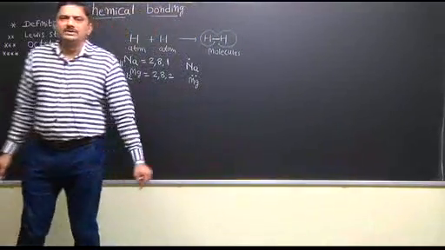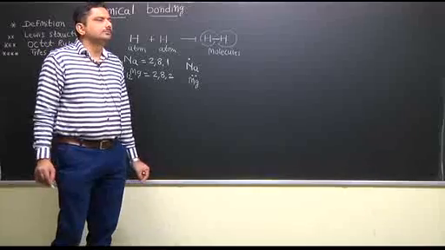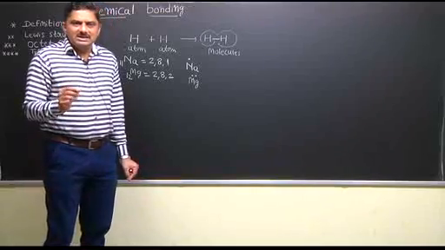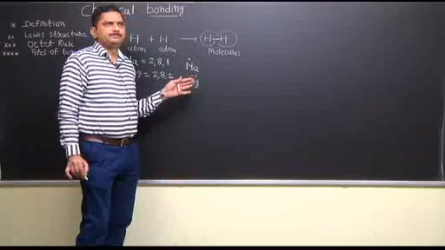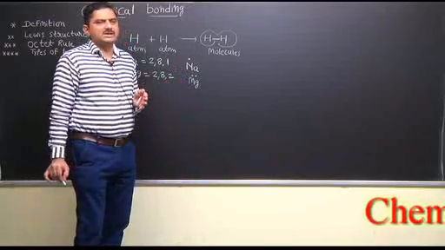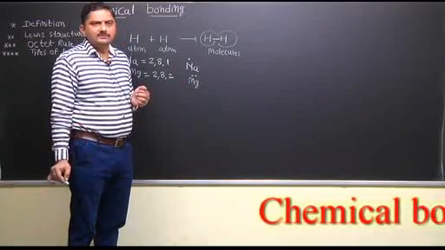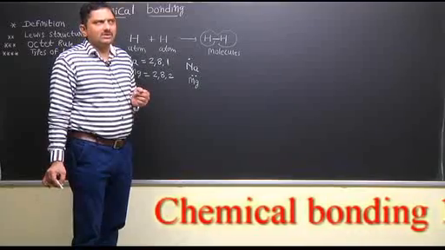Now we discuss the octet rule. Each and every element wants to complete its octet, meaning 8 electrons in the outermost shell. This phenomenon is called the octet rule.